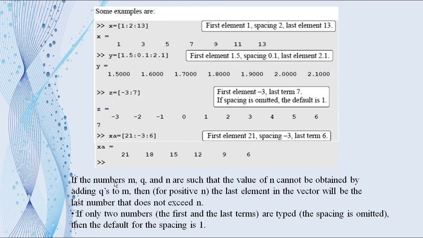If the numbers m, q, n are such that the value of n cannot be obtained by adding q's to m, then the last number in the vector will be the last number that does not exceed n. If only two numbers, the first and the last term, are typed and the spacing is omitted, then the default for the spacing is 1. That's what we have seen in the z example.